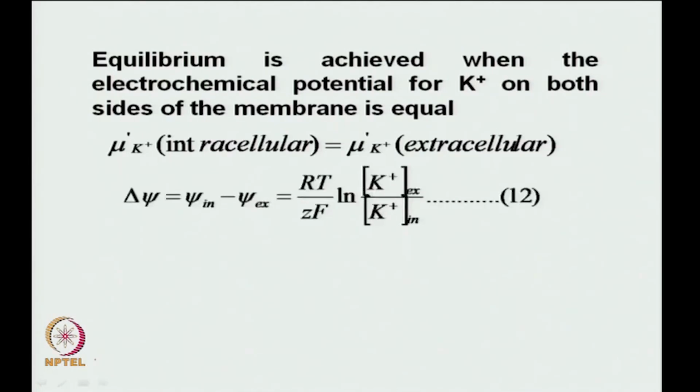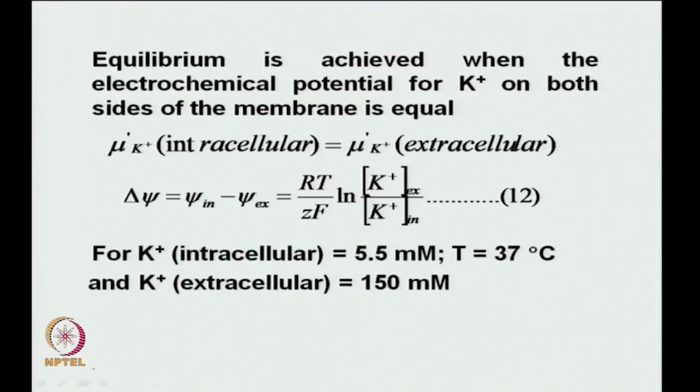This is very much based on what we had from before. Then your potential gradient is related to this difference in concentration of potassium ions by this equation, RT/ZF ln([K+]ext/[K+]in), where the subscripts tell you which K+ we are talking about, or where this K+ is. Okay. Now, remember for potassium Z is equal to 1, right.